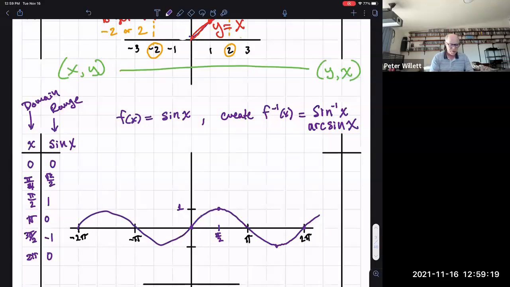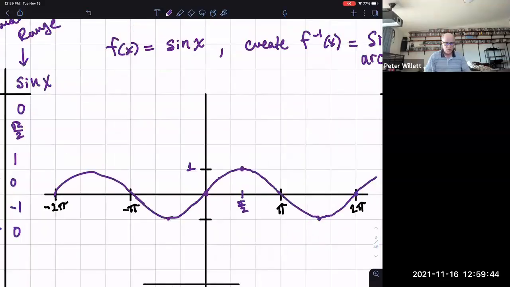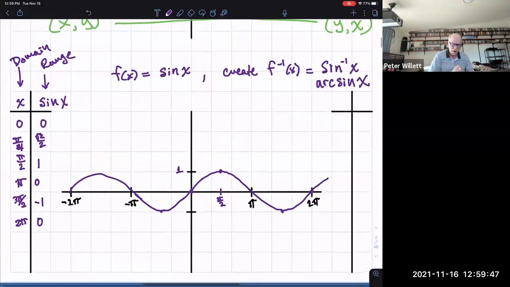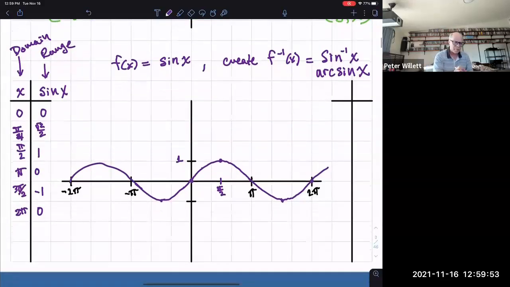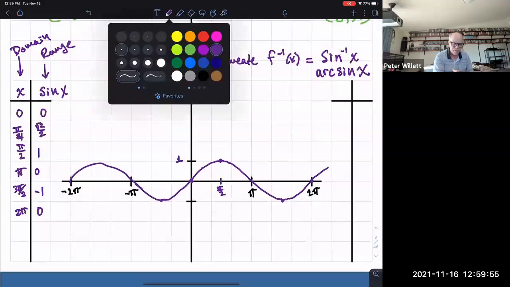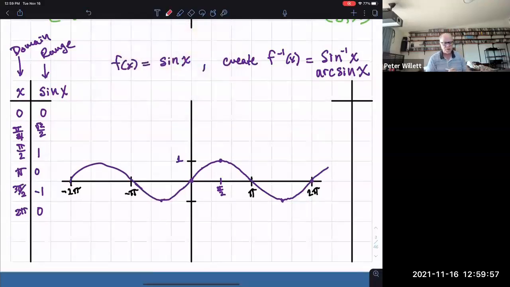All right, so we have this basic sine graph, and we can think of the tables of values that get it. The question then becomes, what would we have to do to have an inverse of this function? The first thing I would point out, when trying to think about whether any function's graph is invertible, is does it pass the horizontal line test? The horizontal line test is how we determine whether a function is 1-to-1 and therefore whether it has an inverse.